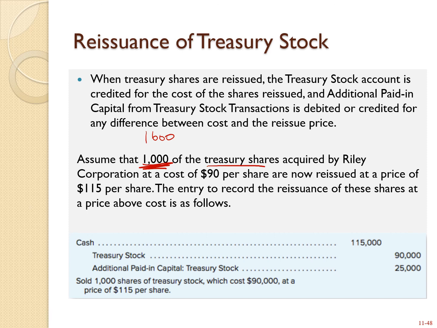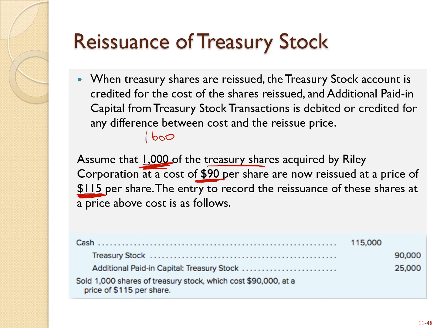Now the reissuing price is $115. So the value of the stock has increased over time, and you thought that it's the right time to reissue 1,000 of the 1,600 treasury stocks at a higher price than the price that you repurchased them at.